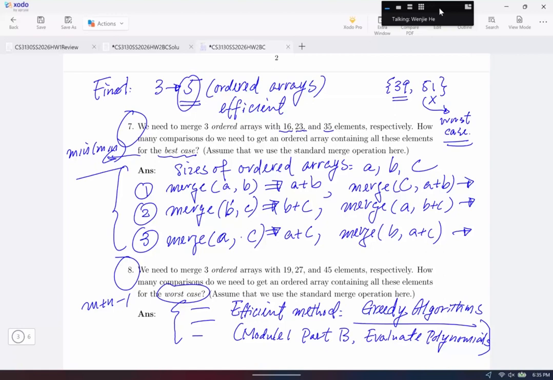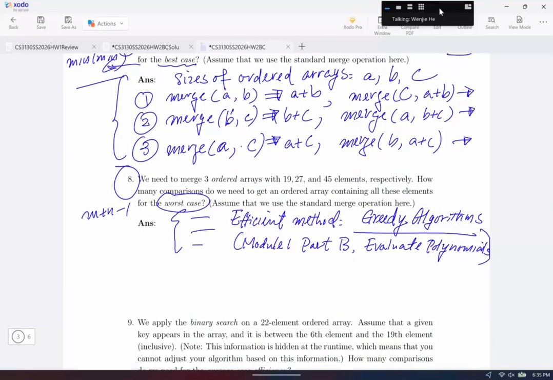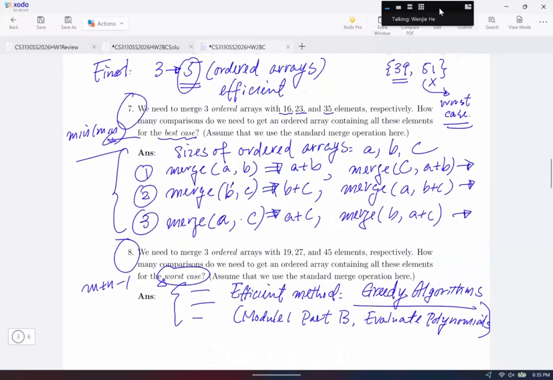Although we apply greedy algorithms, the definition of the greedy strategy is different for these 2 questions. So let me talk about the greedy strategy for the worst case and best case.